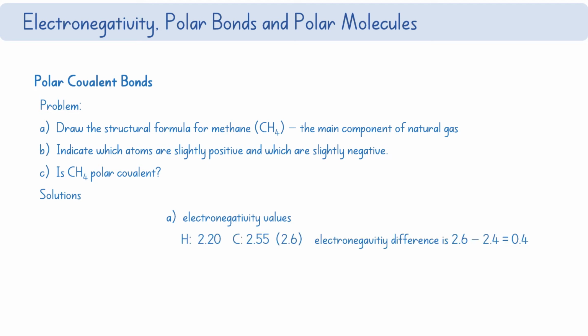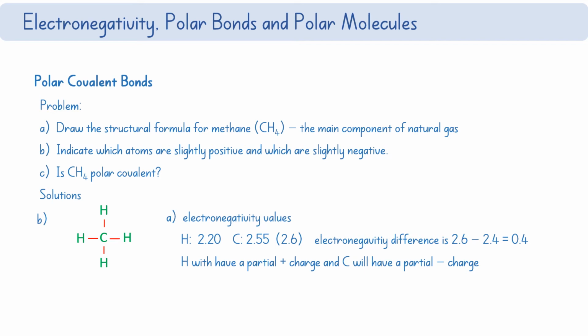Hydrogen is 2.20, carbon is 2.55. I'm going to just use 2.6. So our electronegativity difference is 2.6 minus 2.2, which is 0.4. H will have a partial plus charge, and C will have a partial negative charge.